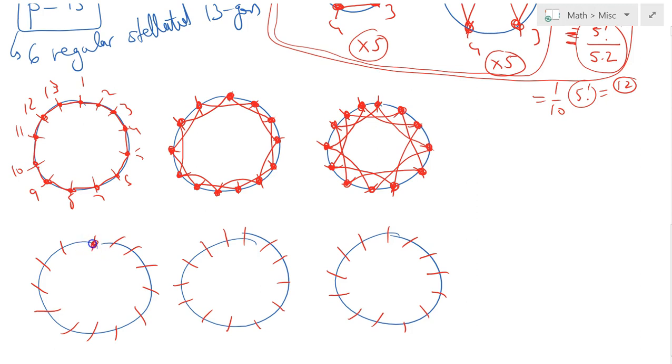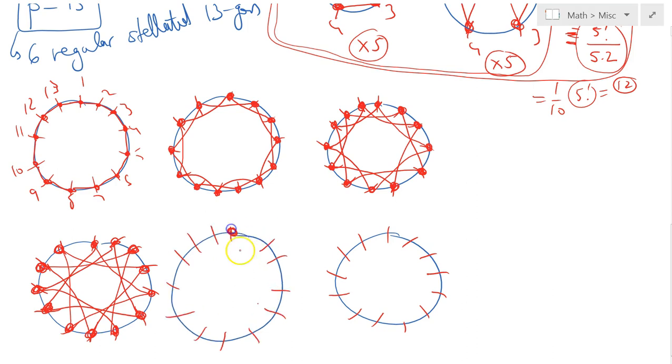Now we can skip 3. Is that right? I hope so. 1 2 3, this guy, and so on, skipping 3 each time.